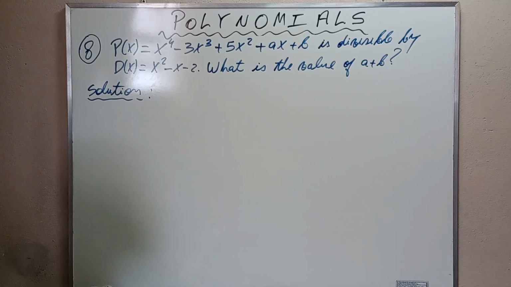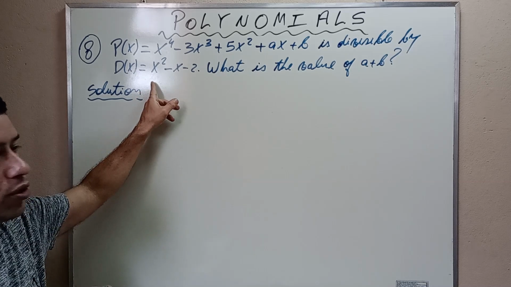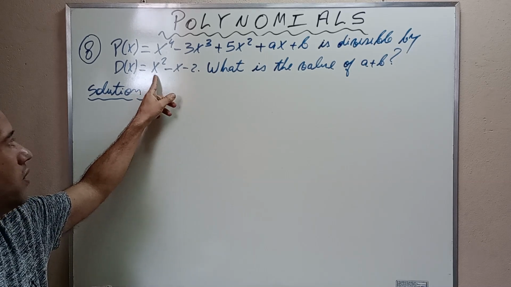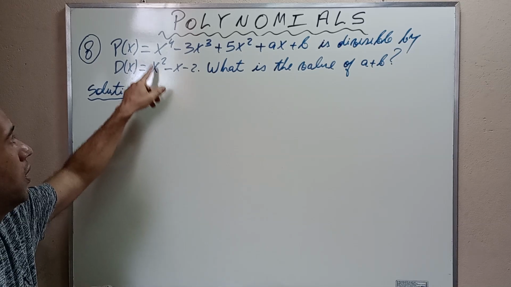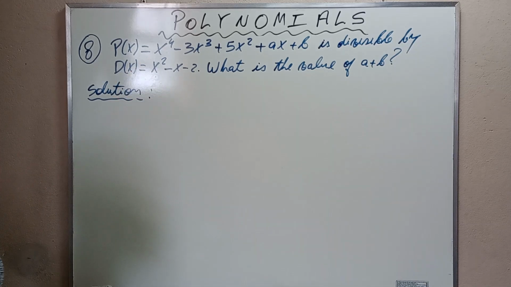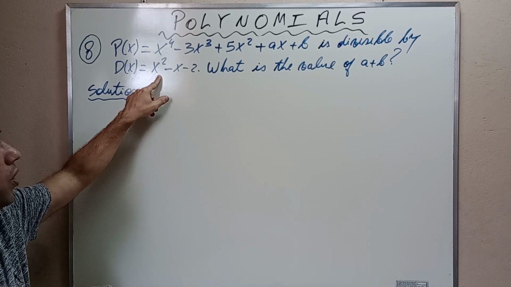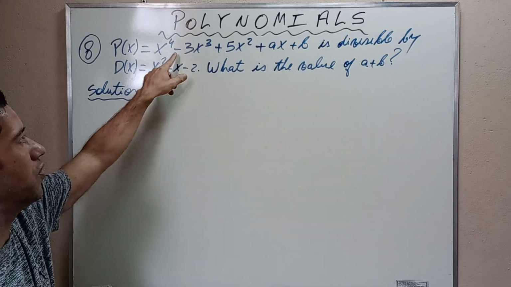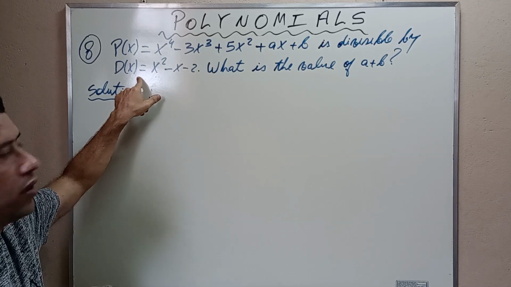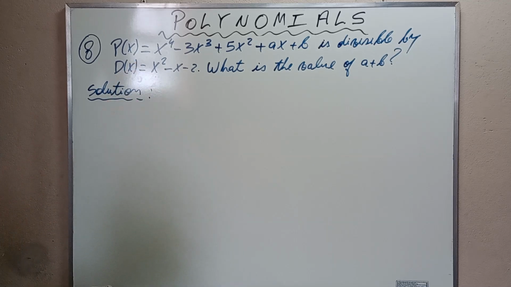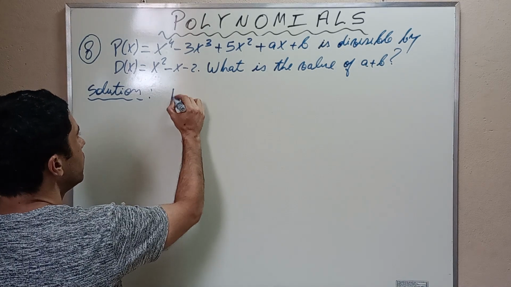But if they share roots, then the root that makes D of x equal to 0 will also make P of x equal to 0, okay? We saw that if it is not the case, then the root of this, instead of producing 0, will produce the remainder of the division between this and this, okay? Then let's go, let's find it, okay?